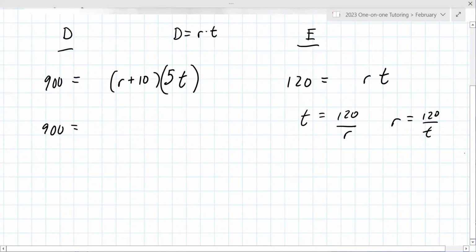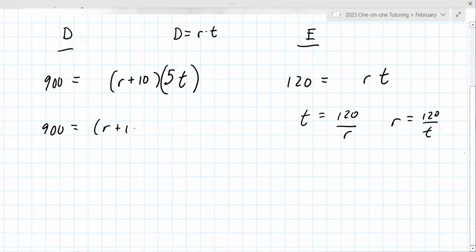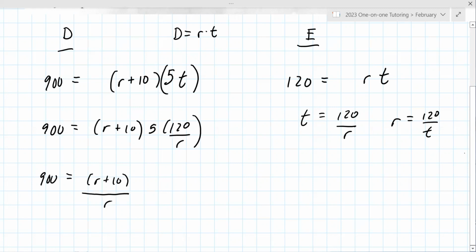So 900 equals R plus 10 times 5 times 120 over R. Now, a few things you can do to make this go faster: the R can be moved over here, and 5 times 120 is 600. That 600 is going to cancel with the 900.